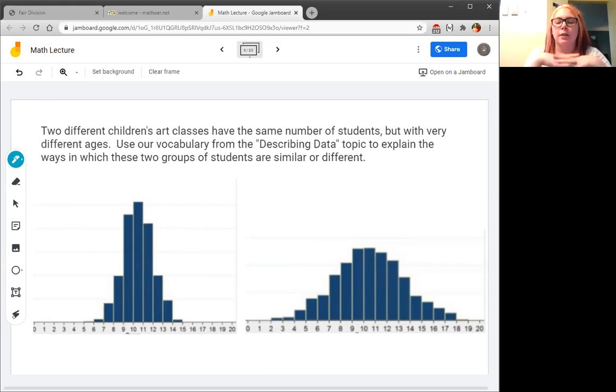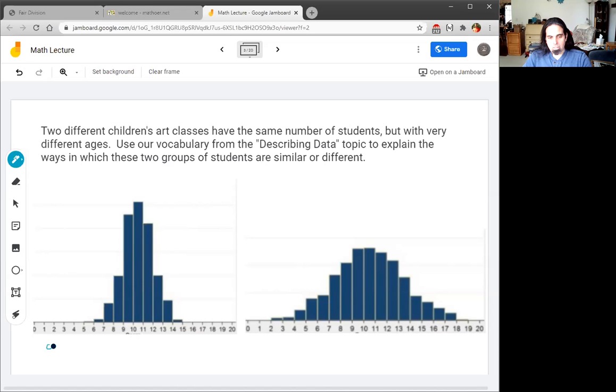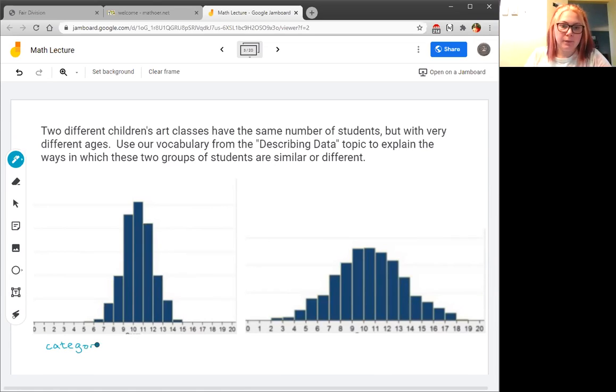Are you talking about like the categories or quantitative? There's categorical versus quantitative.